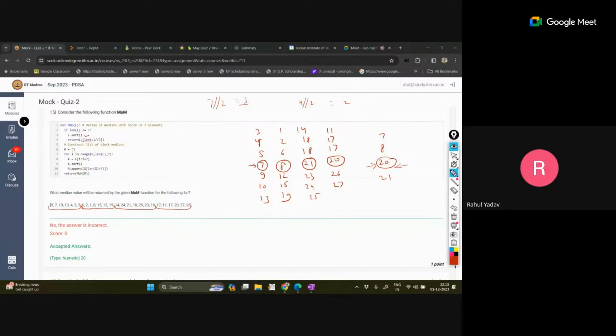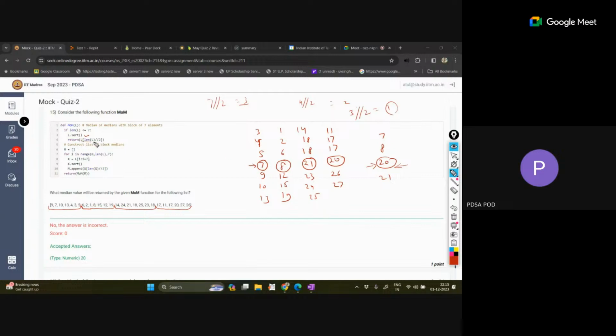What if the fourth block had only 3 elements, let's say only 11, 17, 17? In that case, you will just use 3 floor division 2, index 1 element, as the median. So the next block that we would have made would be 7, 8, 21 only, right? No, that one is also 17.